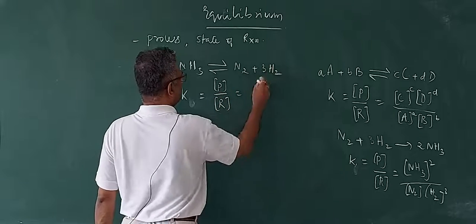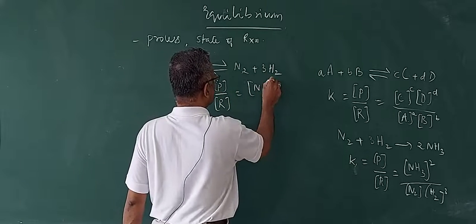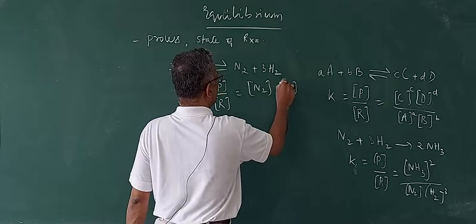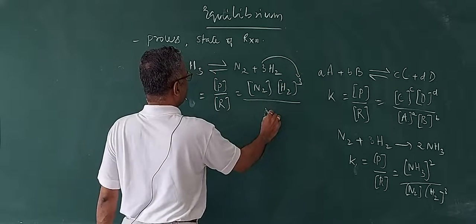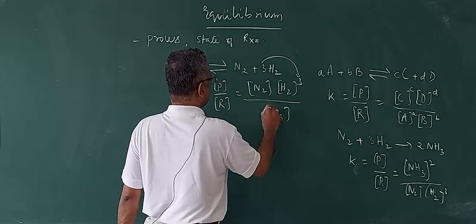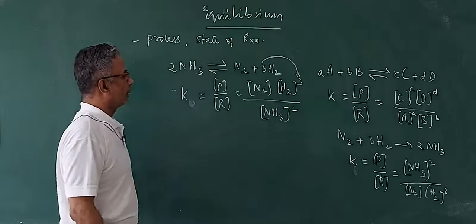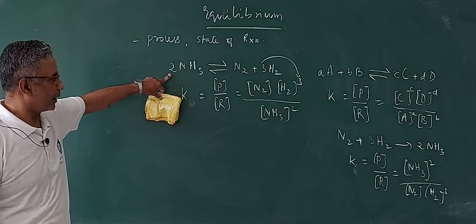So the products are N2 and H2 raised to the power 3, divided by ammonia raised to the power 2, where the powers are the stoichiometric coefficients.